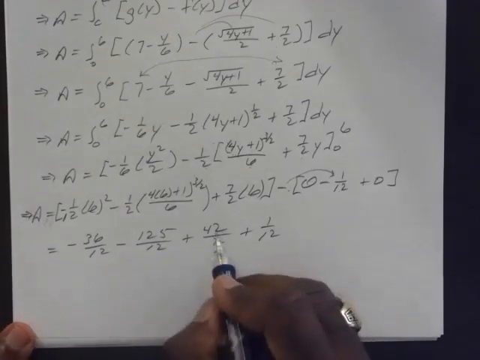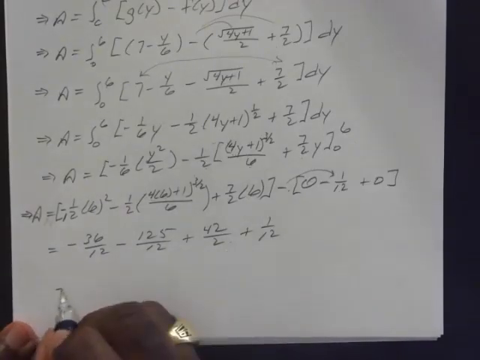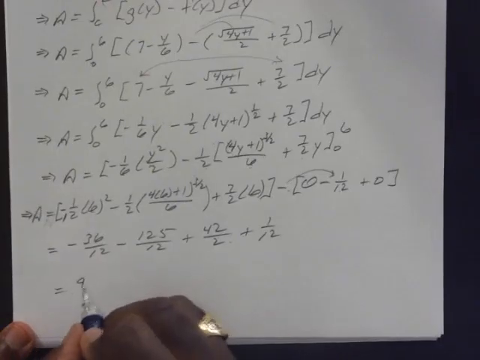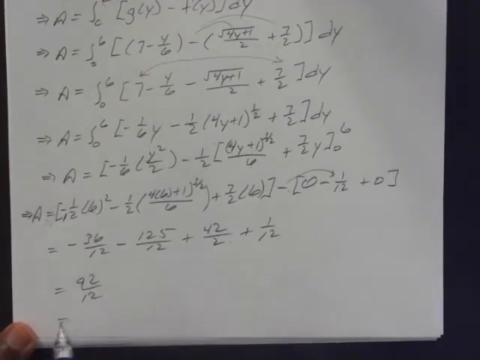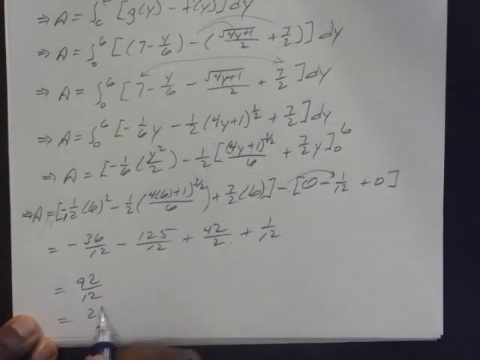And if we combine like terms, we just multiply this by 6/6. We just end up with 92/12, which simplifies to become 23/3.